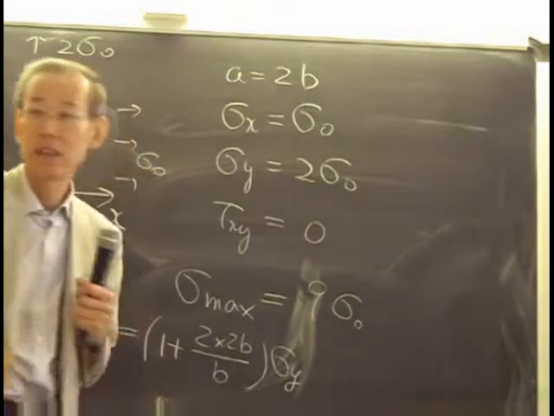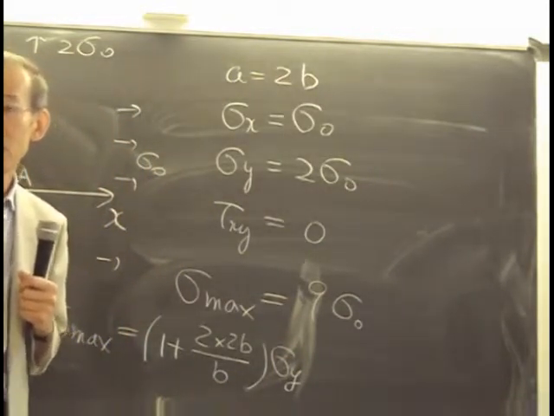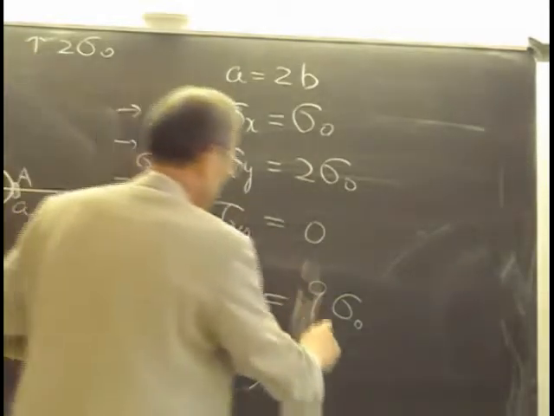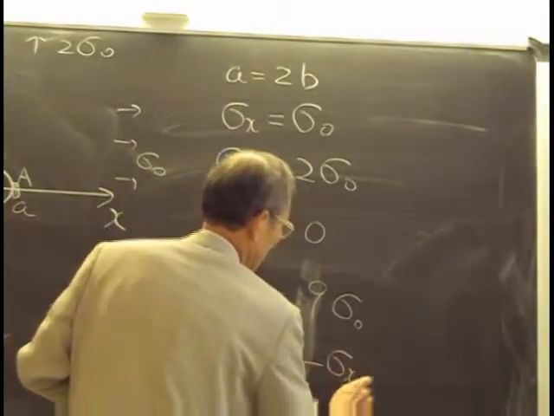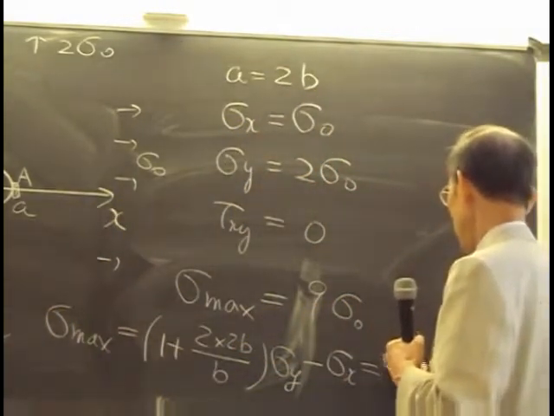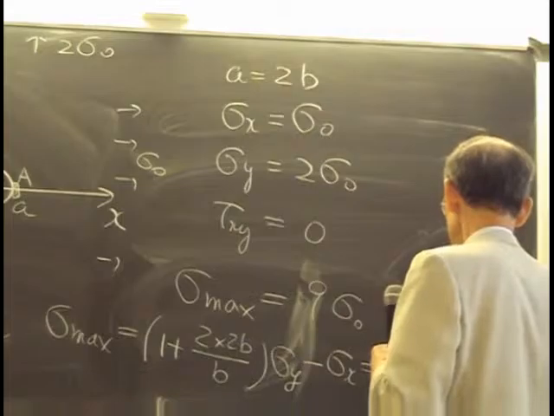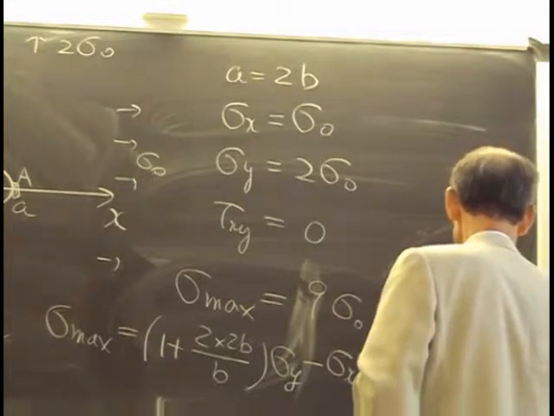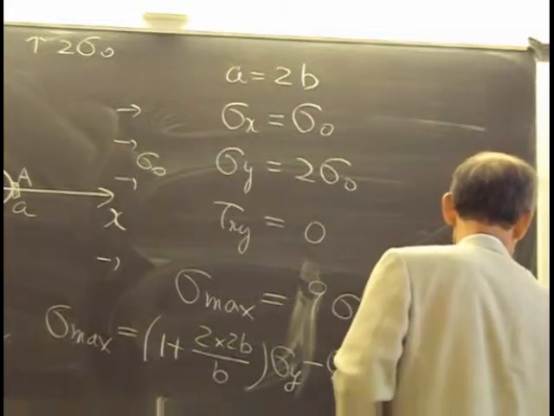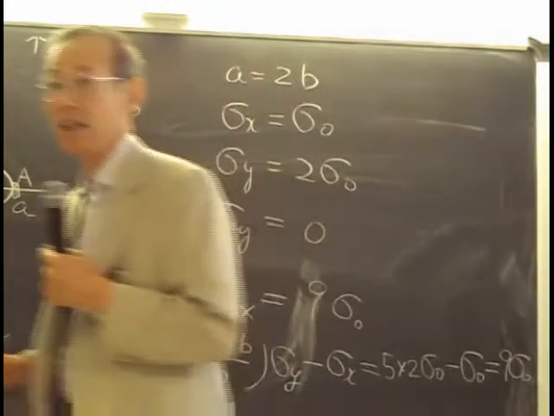Sigma y, yes, minus sigma z, yes, minus sigma x, which means this is 5 times 2 sigma 0 minus sigma 0, so 9 sigma 0. Yes, right.